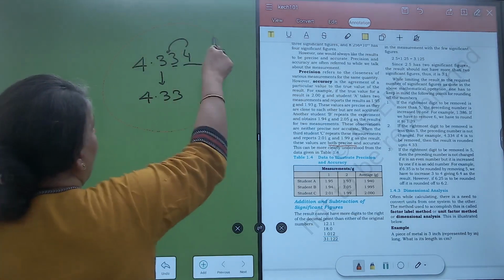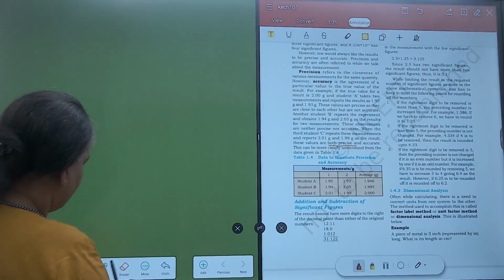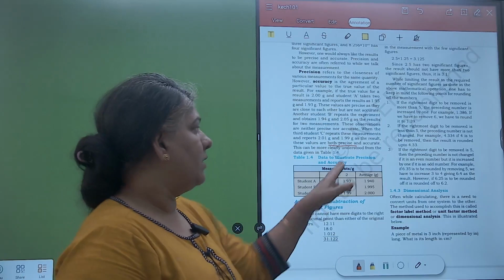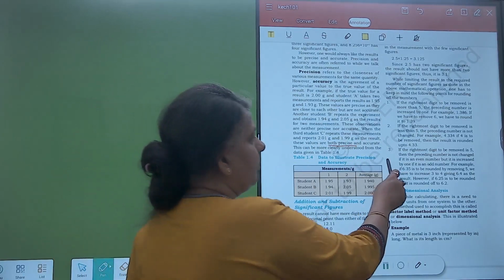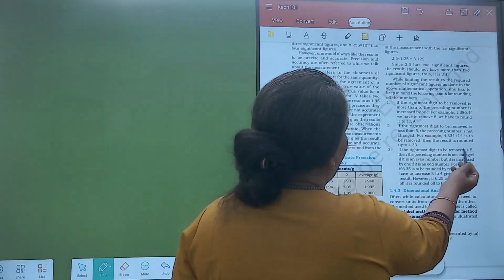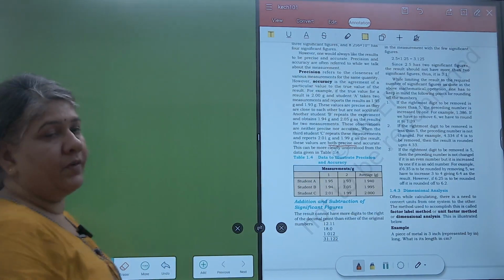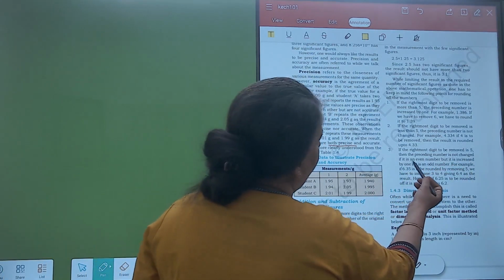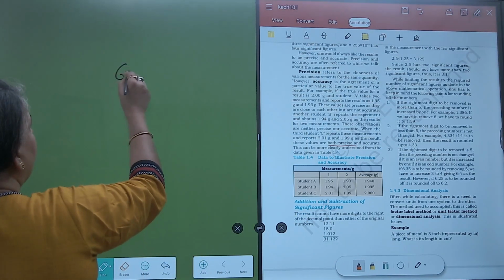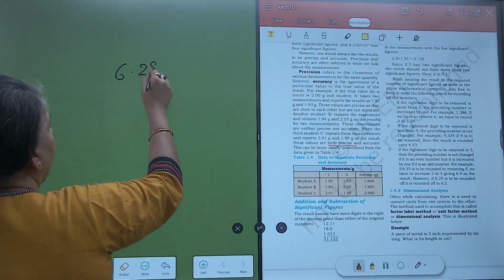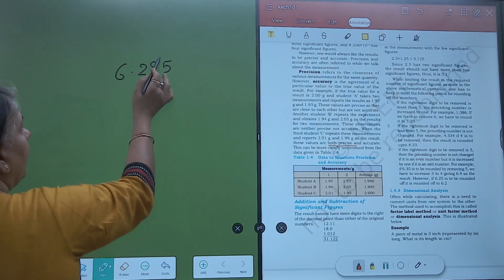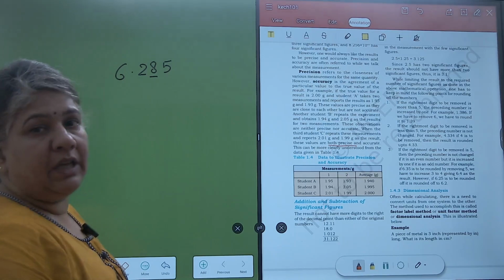Okay. Now let's come to the next rule, because first two rules you have already used in lower class, but the third rule is something that you are learning in this class. See, if the rightmost digit to be removed is 5, then the preceding number is not changed if it is even number. See, if you have a number 6.285, see, this number is 5 and the preceding number is even number.